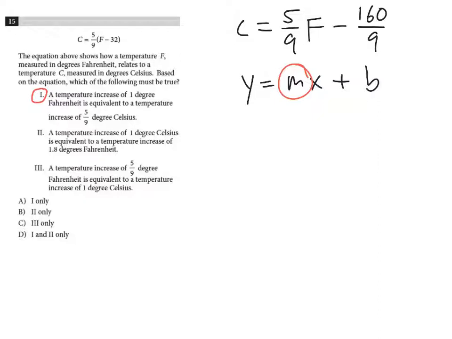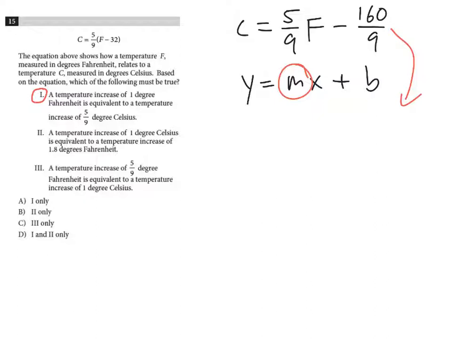Okay. All right, a temperature increase of 1 degree Celsius is equivalent to a temperature increase of 1.8 degrees Fahrenheit. Well, to figure that out, all we have to do is write this in to find the inverse.